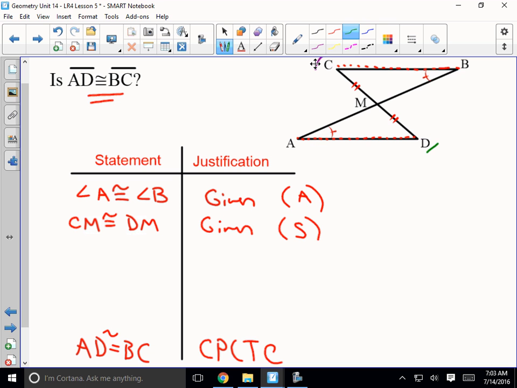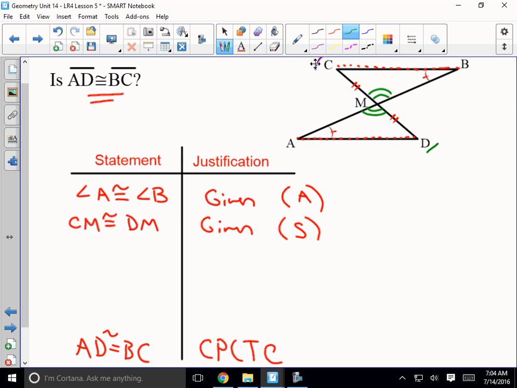We don't have any overlapping sides. We don't have any overlapping angles, but we do have one type of angle that we know is always congruent, and that is the vertical pair of angles. So we have a second set of angles that we know are congruent.